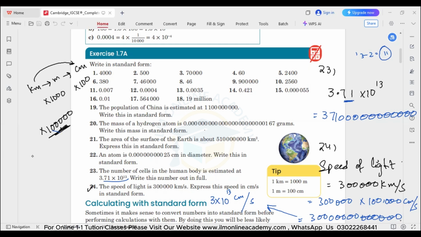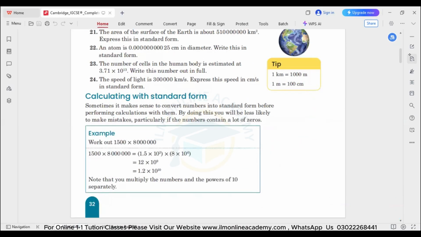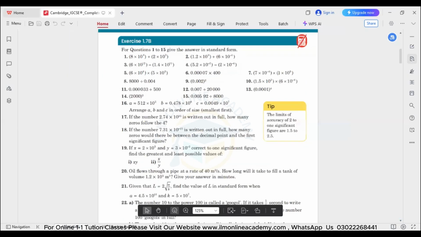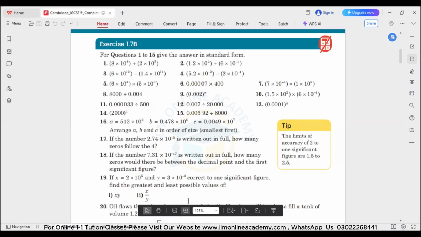So let's move on to the next exercise, which is the calculation related to standard form. If we have been given numbers in standard form and need to add or subtract them, how will we go about it? This is your exercise 1.7b. In this exercise, from 1 up to 15, the given numbers are in standard form, and you need to give your answer in standard form as well.